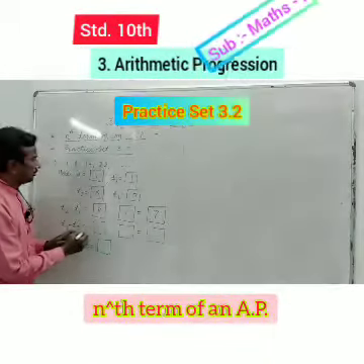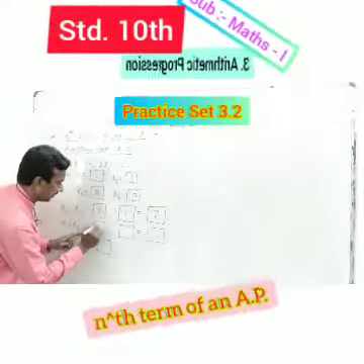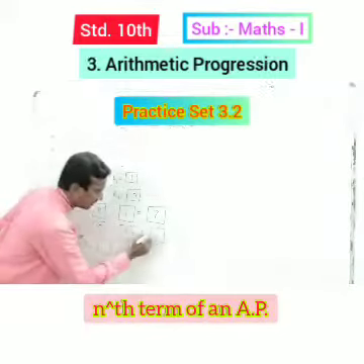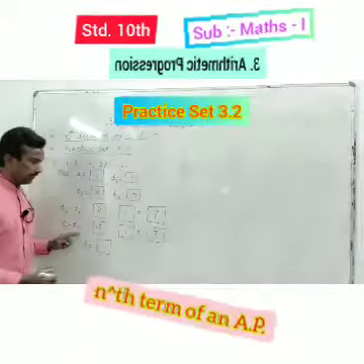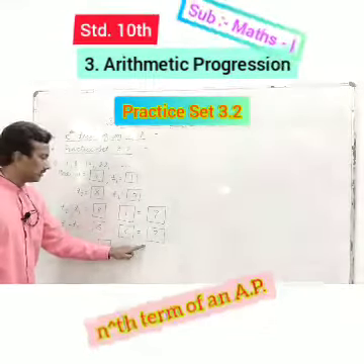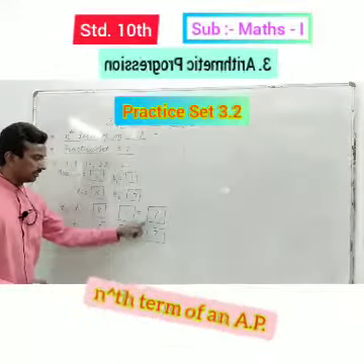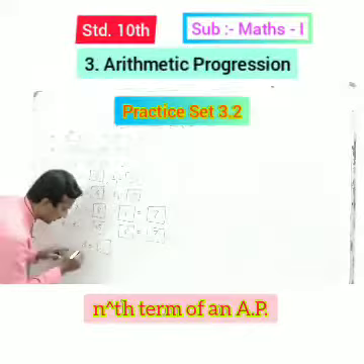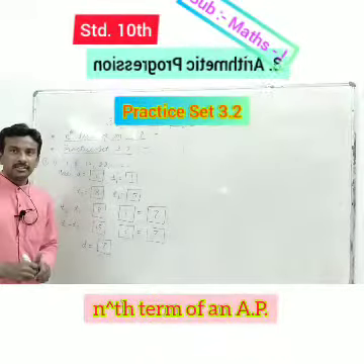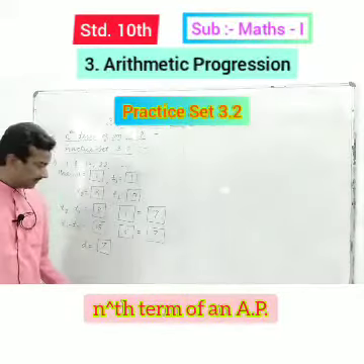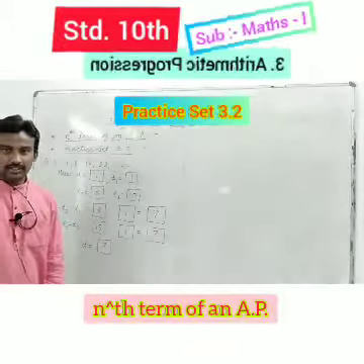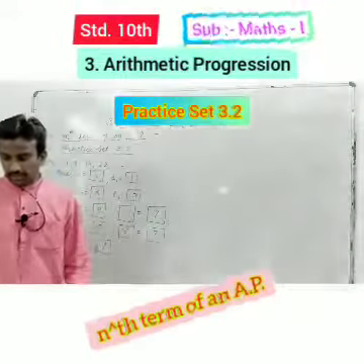T3 minus T2 is 15 minus 8, which is also 7. The common difference between any two consecutive terms is 7, therefore it is constant, therefore D is 7. Got it? Similarly, we can solve the other examples in question number 1.